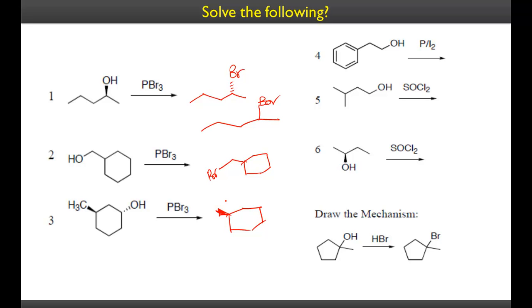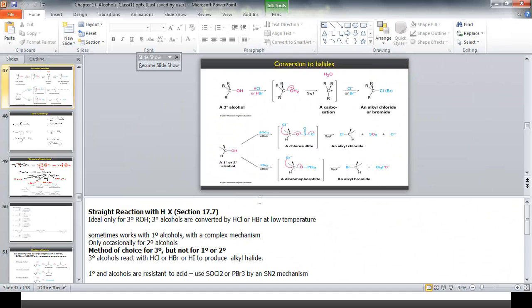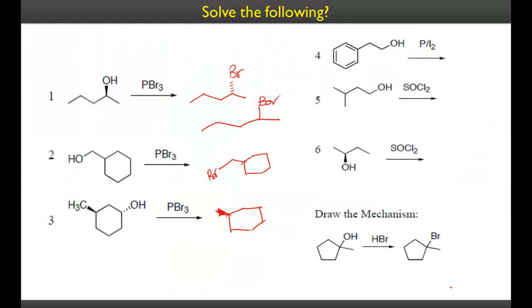The second attack comes from the back, and you get the bromide of that configuration. So this is a thick bond, you have a dash bond here, right? Because the bromide is now coming from the front face and this is leaving from the back face. So the tetrahedral carbon is not flat. It has tetrahedral nature, so we have to remember that for all these bonds.